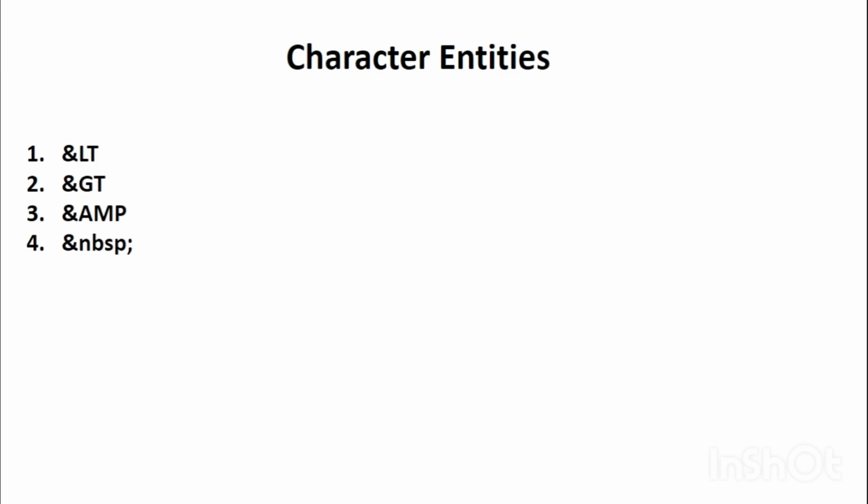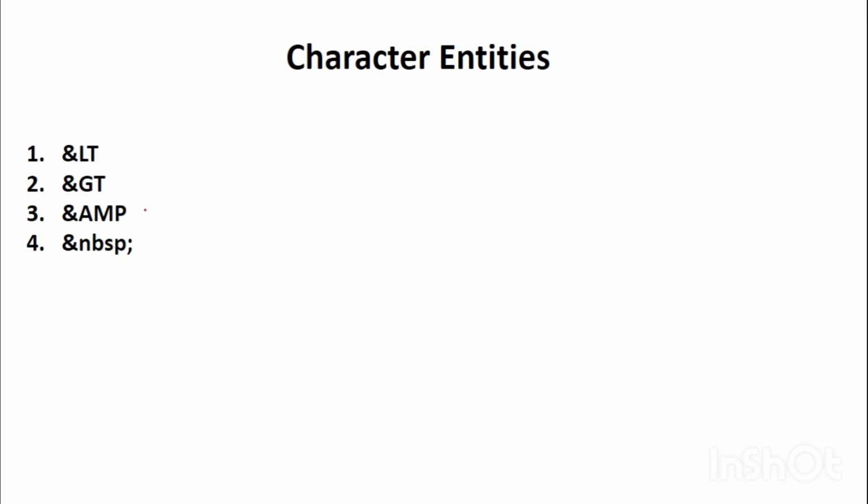Okay, so every time the character entities are written with the ampersand sign, it is followed by the entity name or number like LT, GT, AMP, NBSP, and ending with a semicolon. Okay, so they help make your web pages more versatile and compatible with a wide range of characters and symbols.